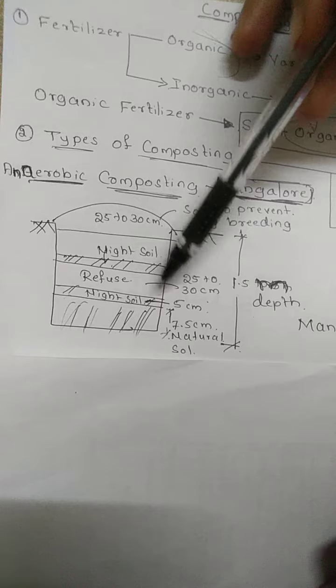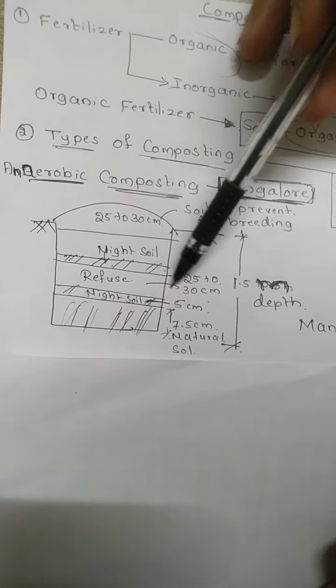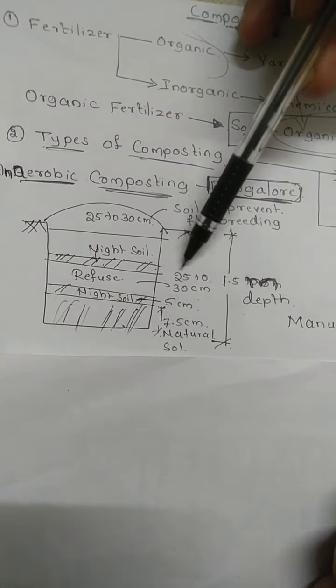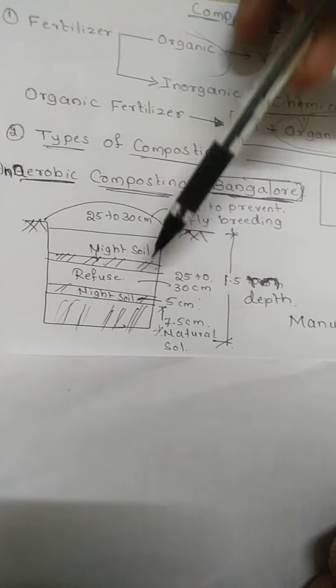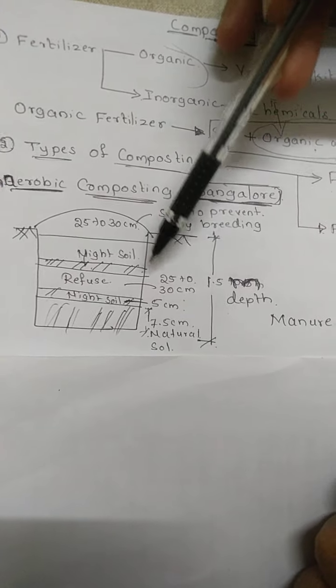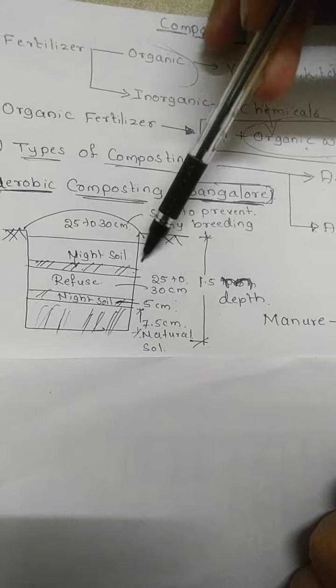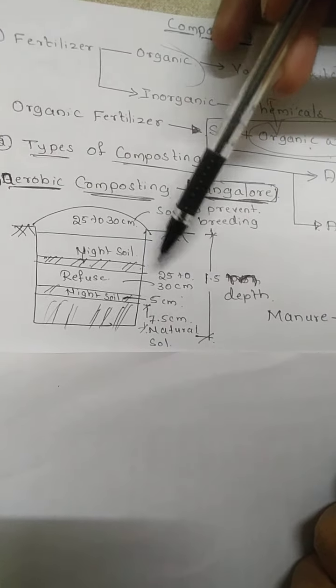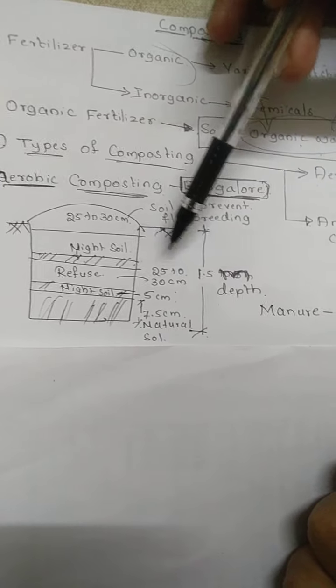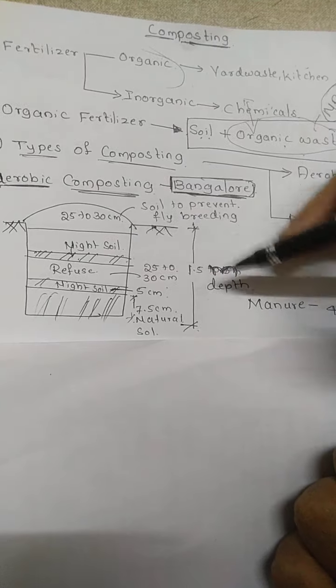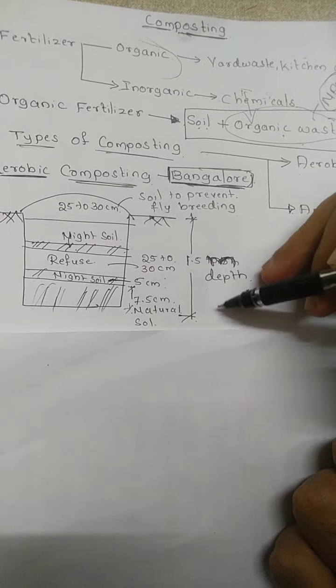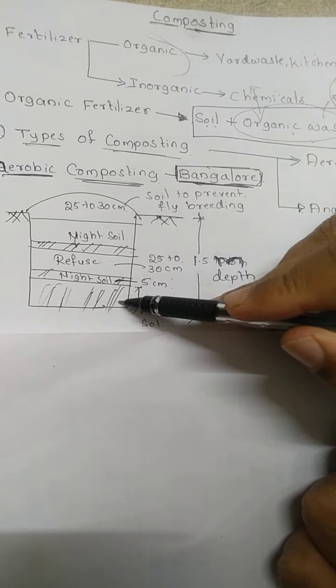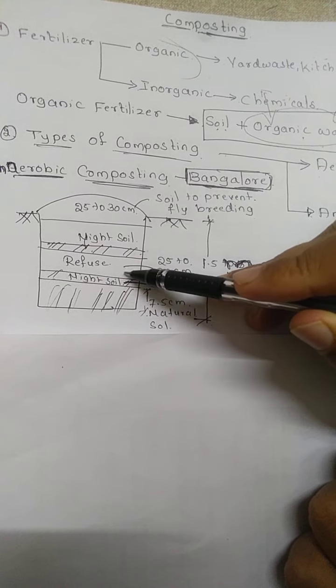So in the alternate layers, mixing of soil and solid waste occurs. They mix with each other and interchange nutrients as well as NPK, and we increase the NPK of the soil. It is done below the ground, and at the bottom again we place alternate layers of soil as well as refuse.